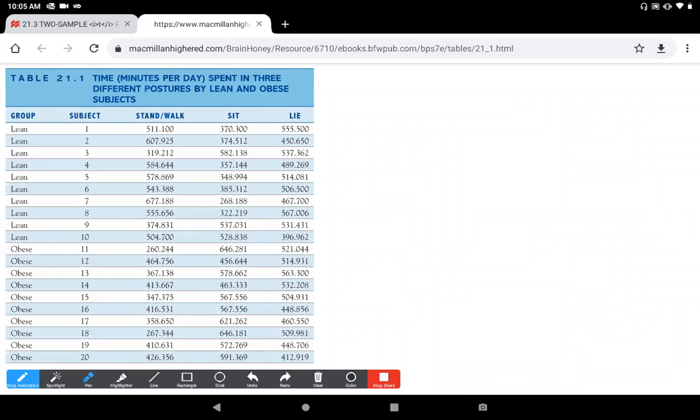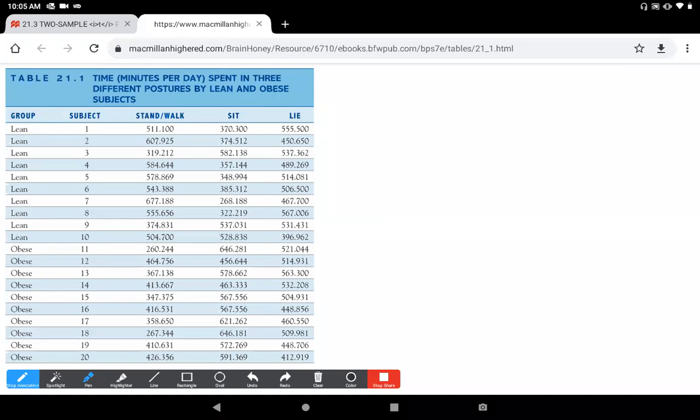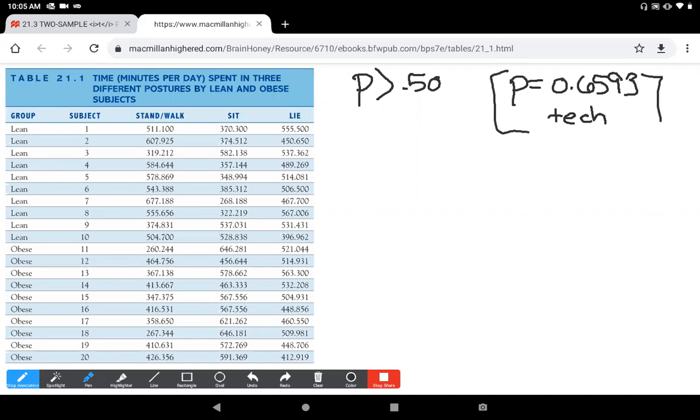Now, if you had used software, your degrees of freedom would be 17.8, and the test would yield a p-value of 0.6593. So in either method, we had a p-value greater than 0.5, or a p-value of 0.6593 by technology. That's our technology answer.